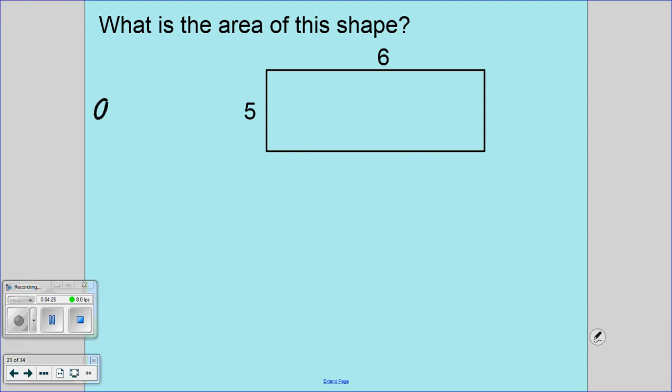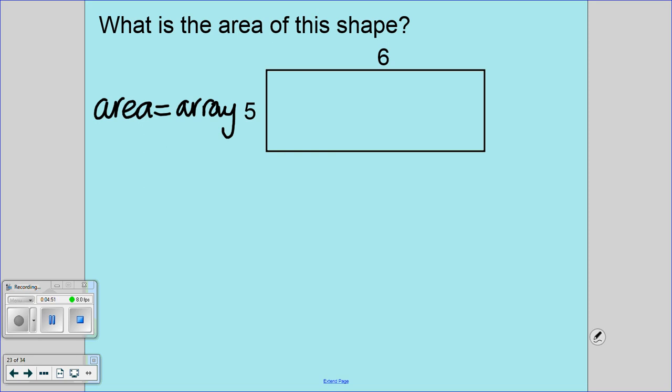All right, when we think of area, I want you to think about what word? Remember, area looks like an array. Area is just another version of an array. So when you see area, you should automatically think array.